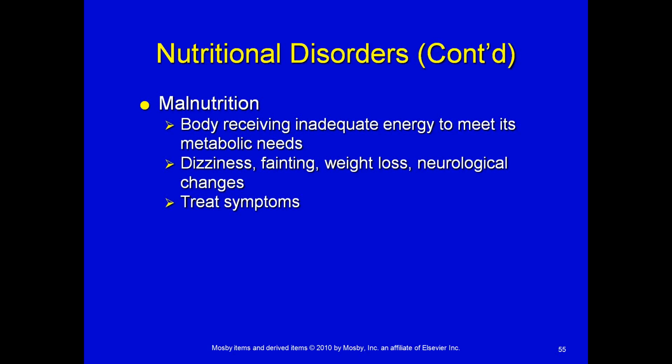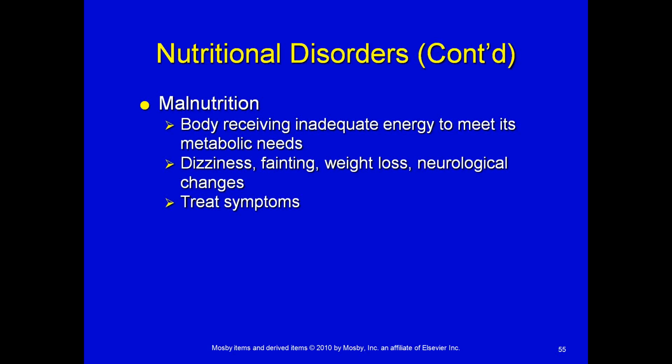Malnutrition is when the body receives inadequate energy to meet its metabolic needs, and of course somebody who's suffering from malnutrition is dizzy, faint, has excessive weight loss, and has neurological and neurofocal changes as well.